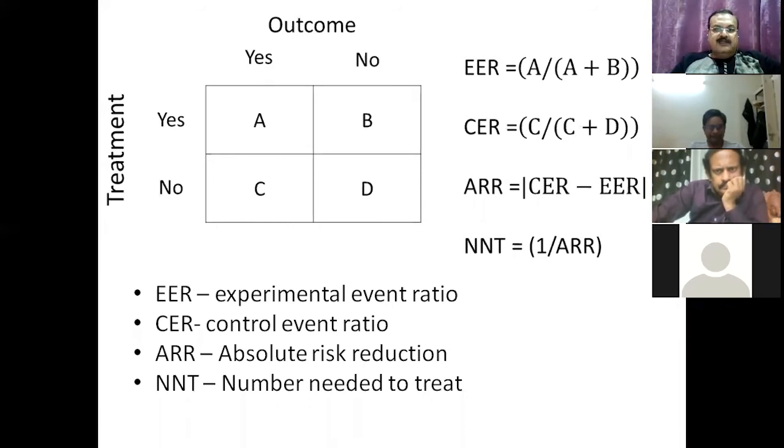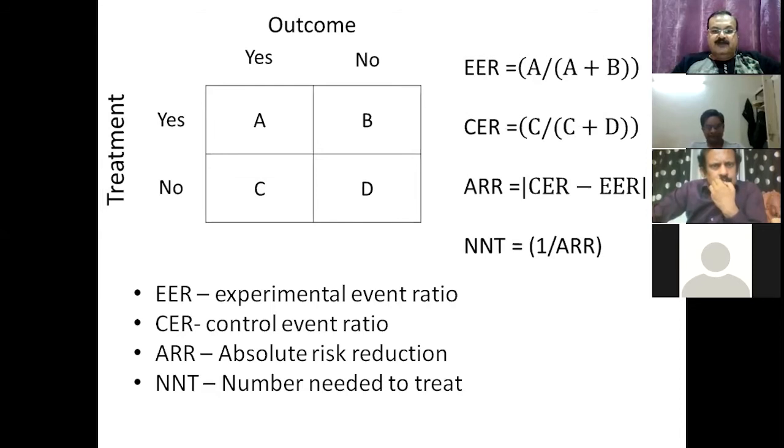So we are looking at the treatment and the outcomes. If the treatment is given and the outcome is present, then the box is called A. If the treatment is given and the outcome is absent, it's called B. Treatment is not given but the outcome is present is C, and D is the remaining box.